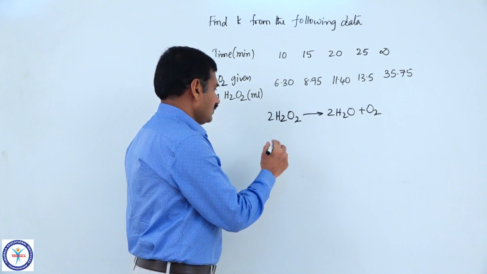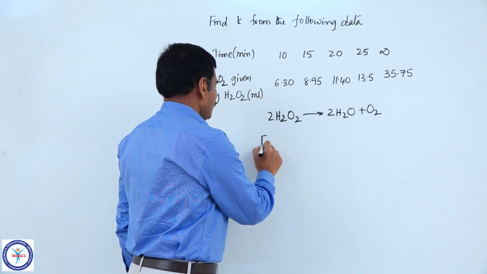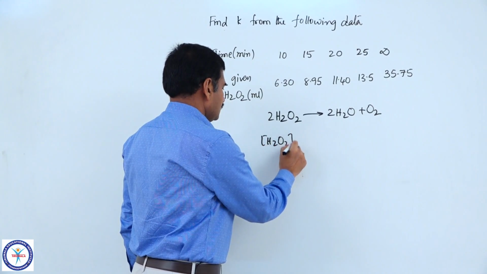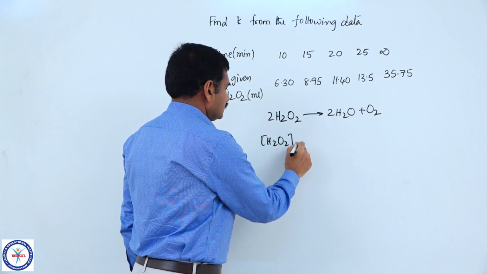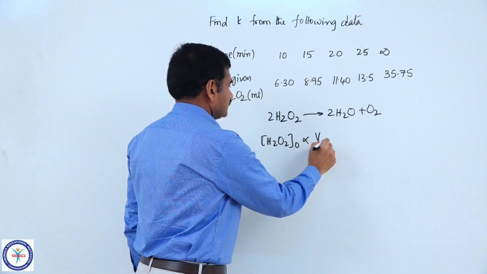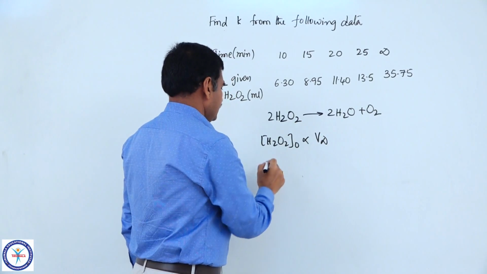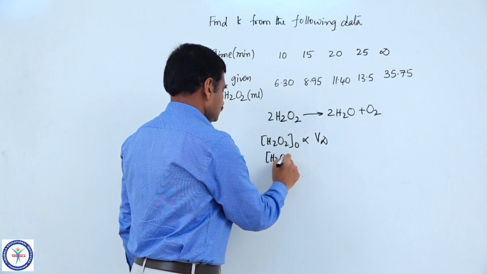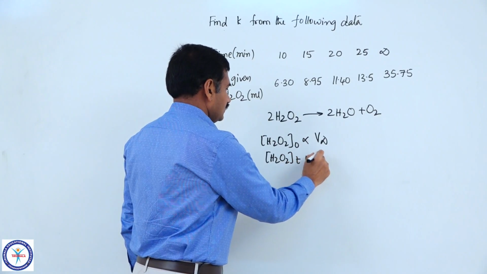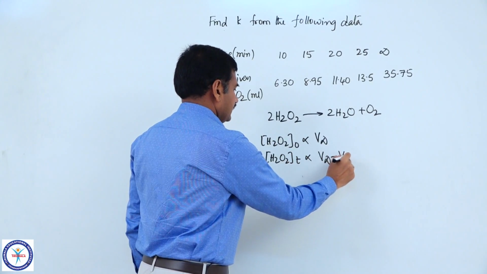Just as we discussed now, the initial volume of H2O2 is proportional to what? The volume of oxygen produced at infinite time, V infinity, and H2O2 at a time t is proportional to V infinity minus Vt.